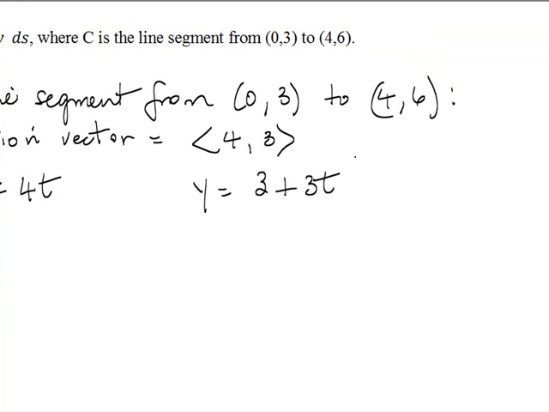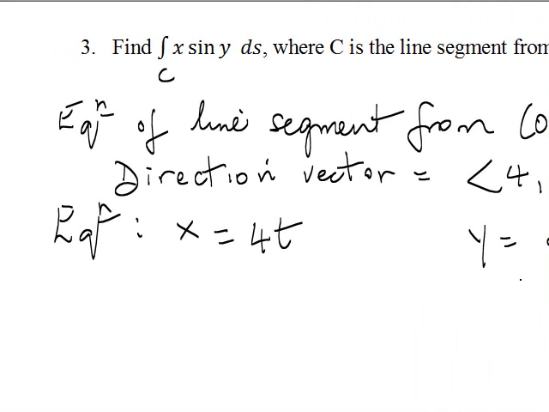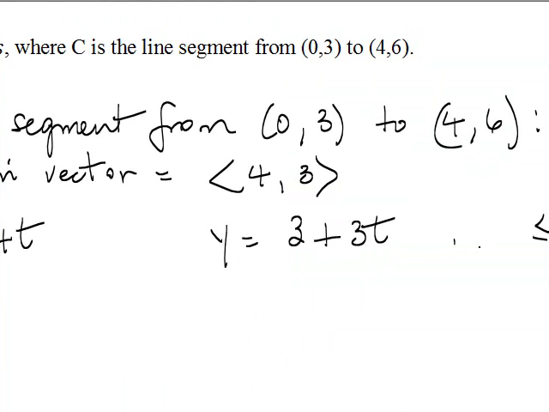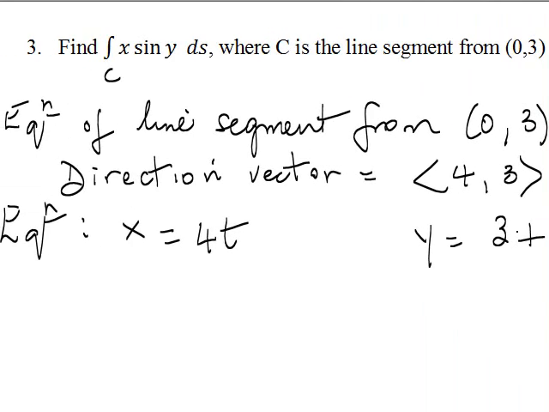Now, very crucial, you now put the values for t, because if you had chosen (4,6), the values of t would be different than choosing (0,3) to write the parametric equations of the line. What value of t, upon substitution, will give you the first point, (0,3)?